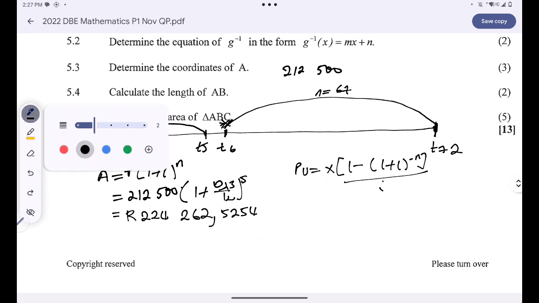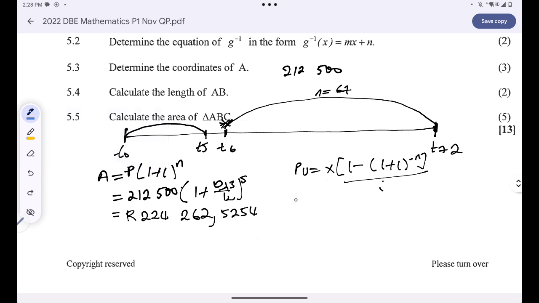Let me use a different color. The present value is 224,262.5254.